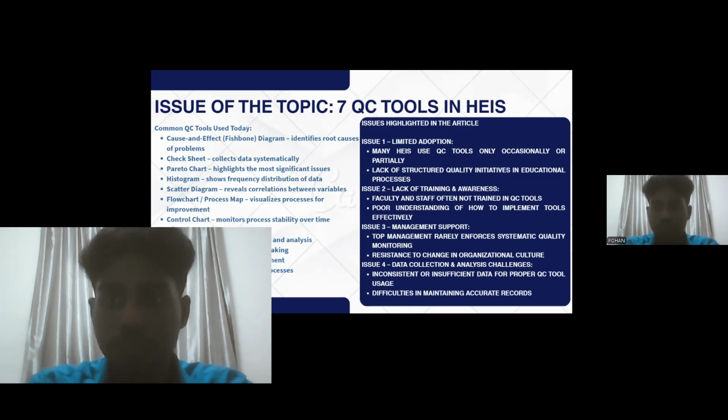After World War II, quality management gained very global importance. Experts like W. Edwards Deming and Joseph M. Juran introduced quality improvement concepts to Japanese industries.